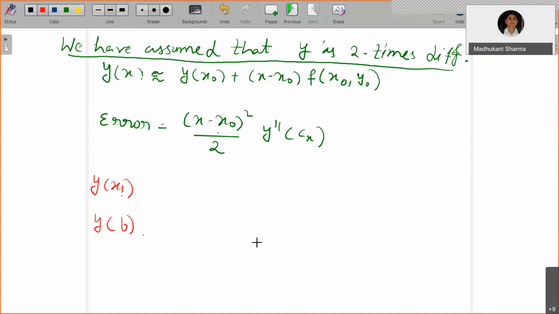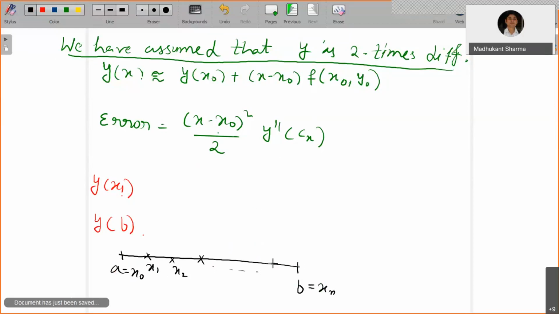So what we are going to do is, we have the interval a to b. Like we have done previously, we are going to define a partition with equispaced points x1, x2, and so on, up to xn minus 1.